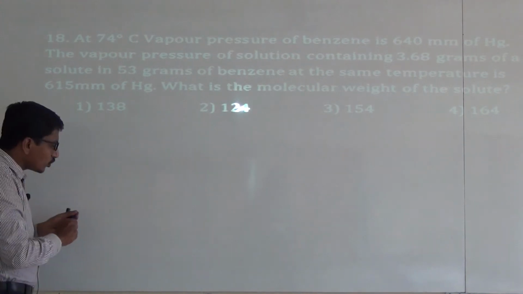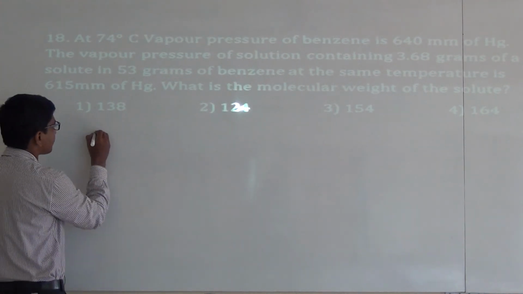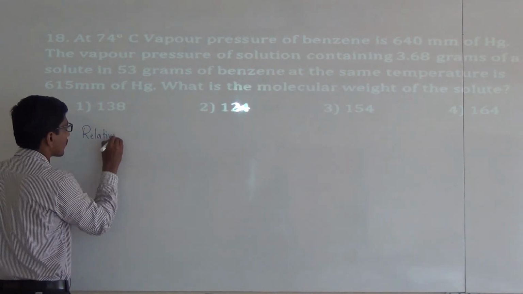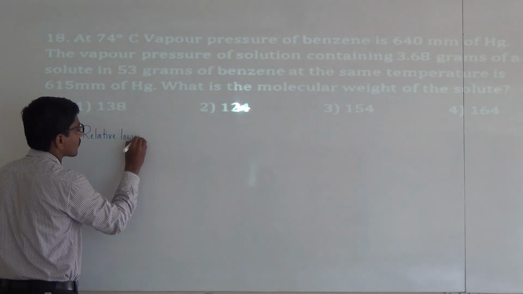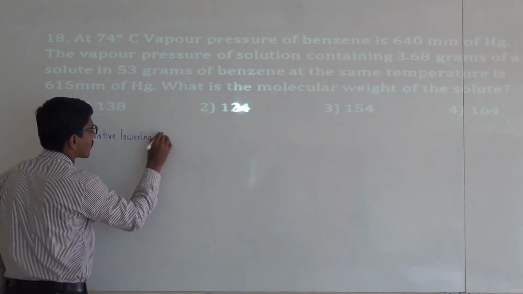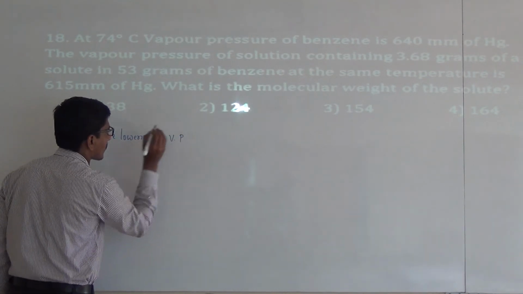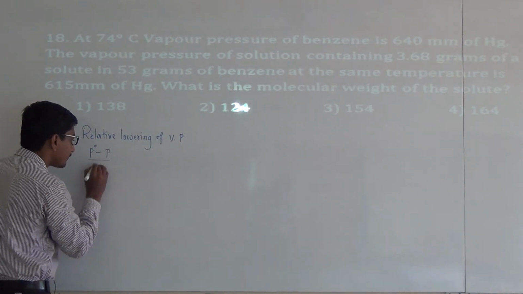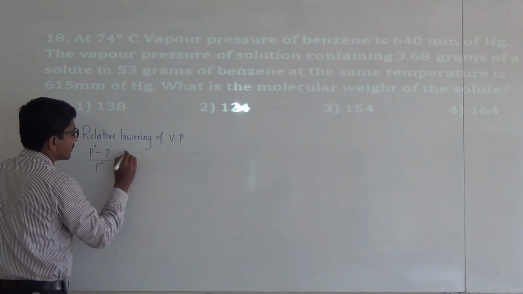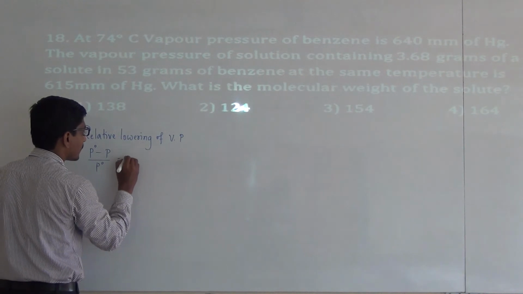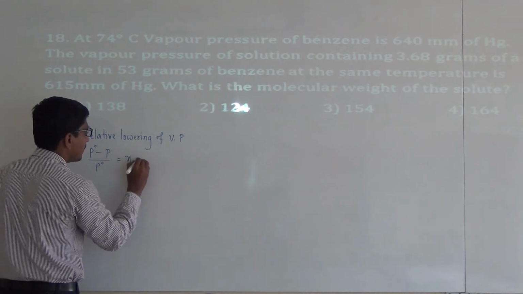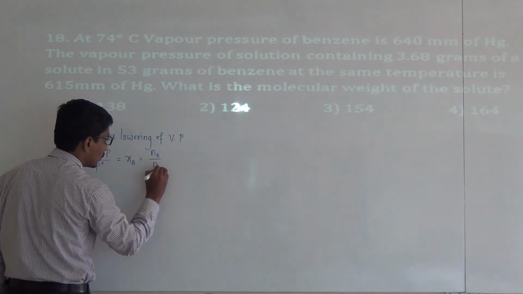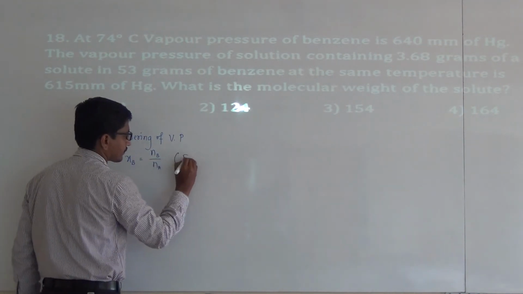From the relative lowering of vapor pressure, (P naught minus P) by P naught is equal to XB, which is equal to NB by NA for a dilute solution.